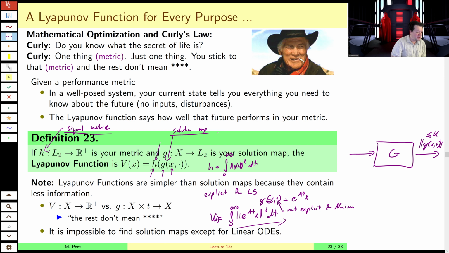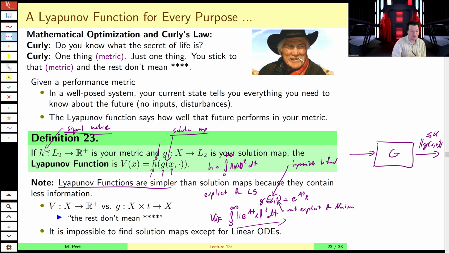And this is important because it's much easier to search for Lyapunov functions than it is to explicitly characterize the properties of the solution map. In particular, we almost never can find the solution map, because it's a very complicated function of initial condition and time.